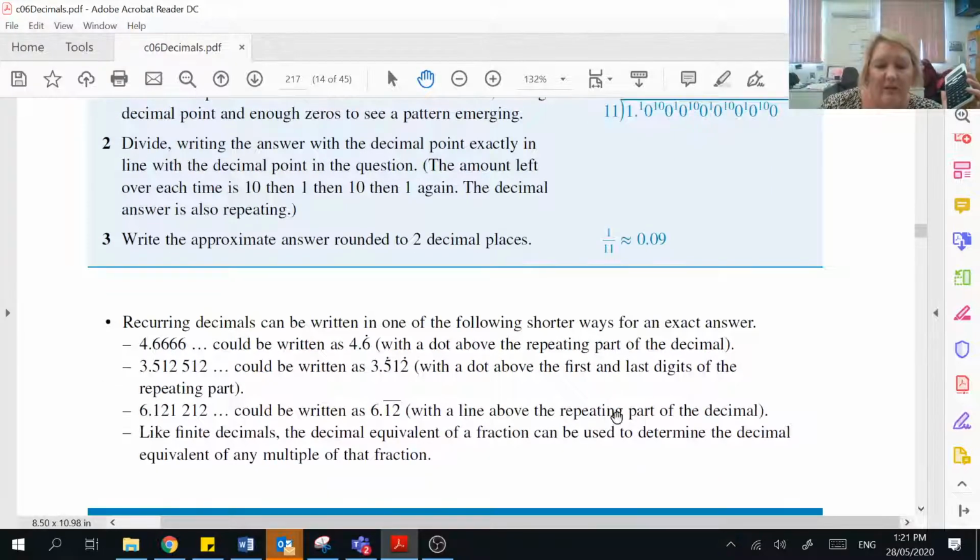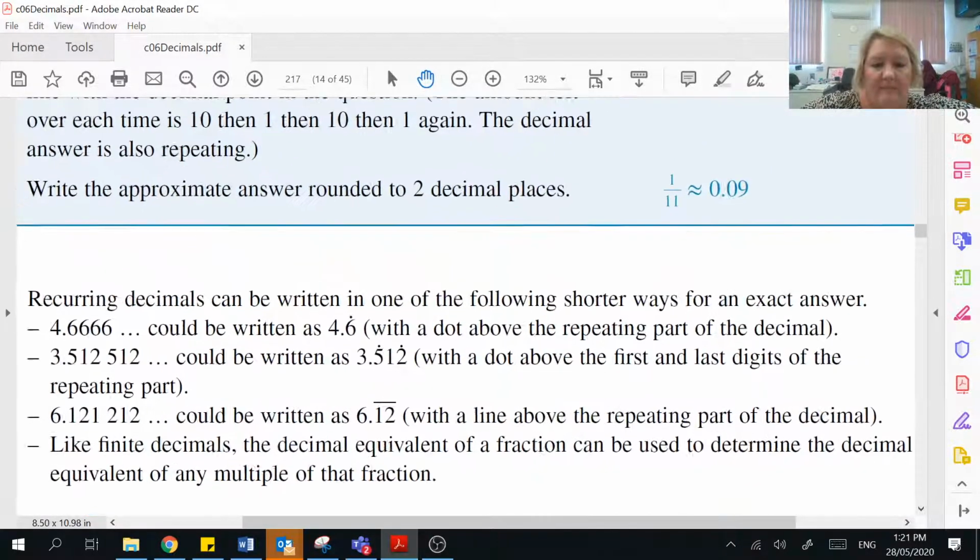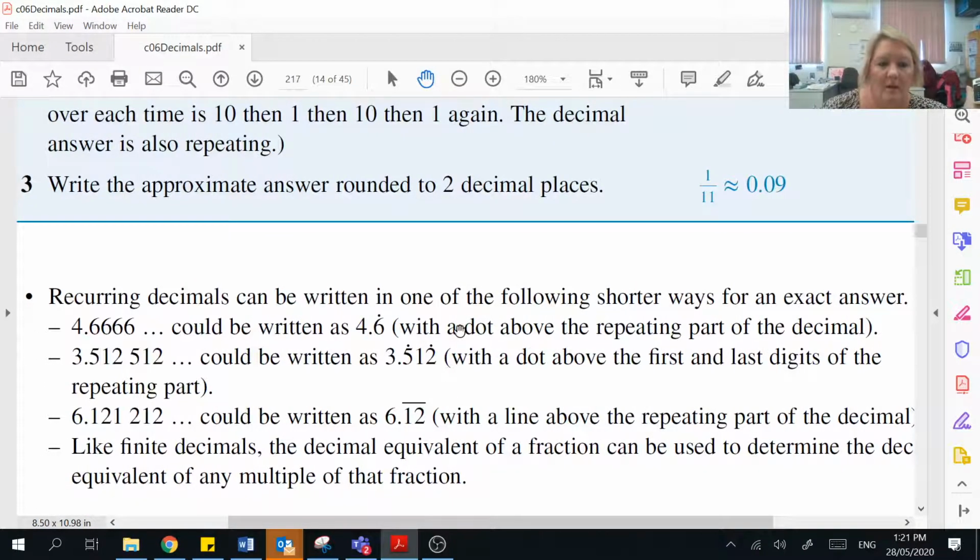So here is how we do that. I don't know if that's big enough for you to see. So instead of the decimal 4.66666, we're just going to write 4.6 and put a little dot at the top. Where we've got a decimal like 3.512512, you can either write it with a little dot above the 5 and the 2, because that's the first and the last bit of the pattern, or you can just write it with a dash across the 512, and that's personally how I do it.